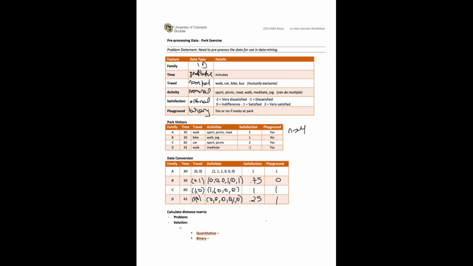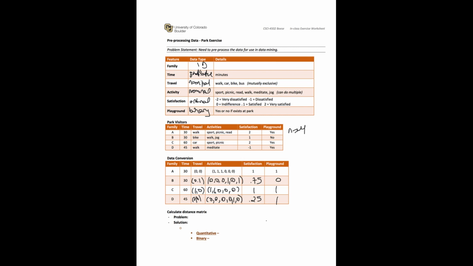Now, when we're calculating the distance matrix, the problem is that with different data types, you cannot compute the distance on those different types. And so that's why we need to normalize, but normalizing coordinates are of still different types. So we want to calculate the distance for each feature as our solution.